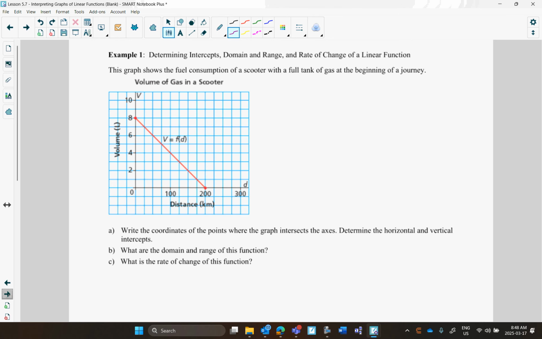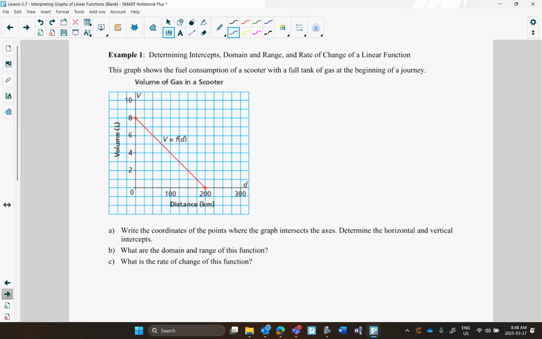Let's look at a few examples, and finish with one example that wraps up a lot of what we've done in this unit. So do these questions. Here we have a situation, we've got the volume of gas in a scooter.